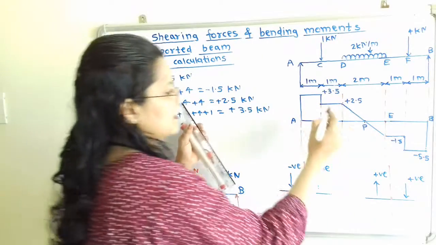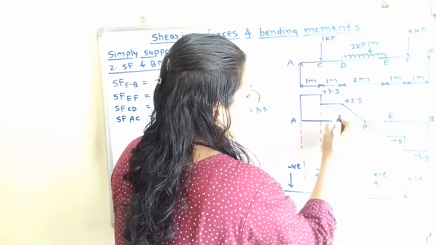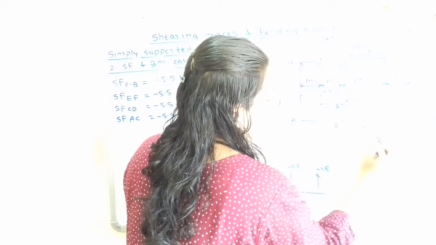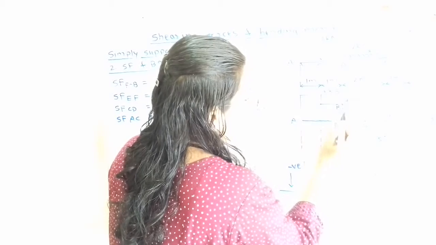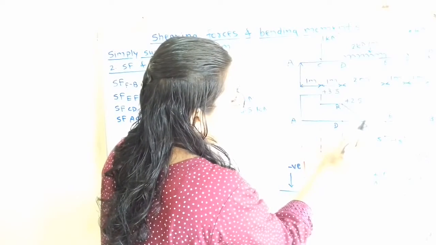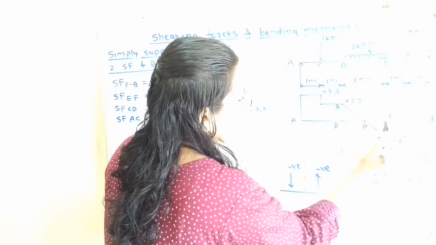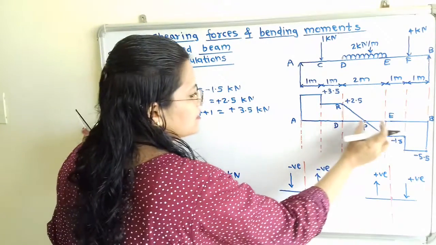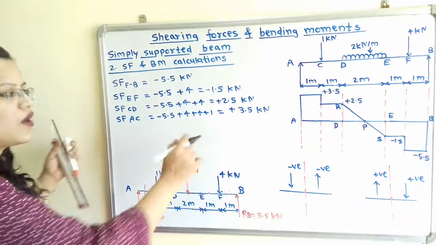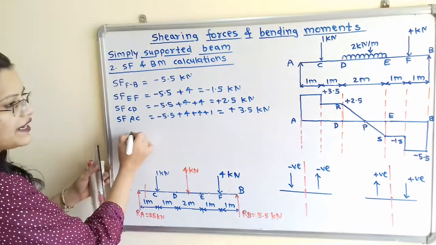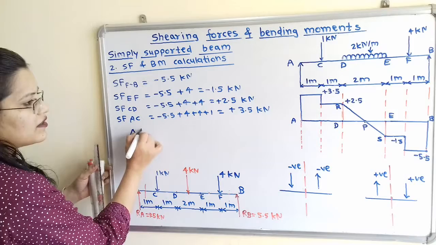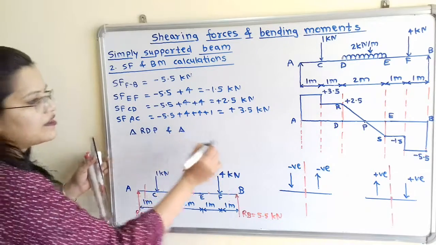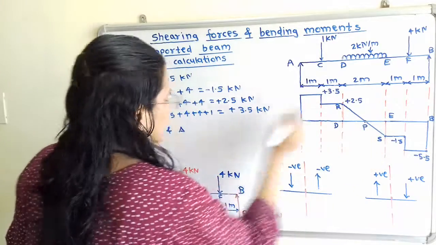Now we will consider this point to be R and this point to be S. Now here are two triangles, RDP and the second triangle PES. So we will find out this distance from these two triangles. So how to find out? So I will write here from triangle RDP and from triangle SEP.